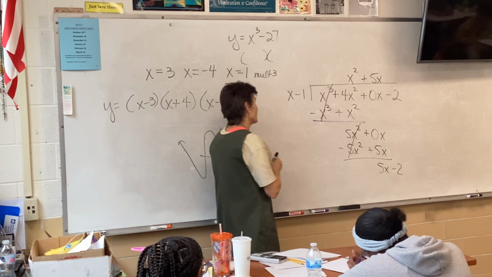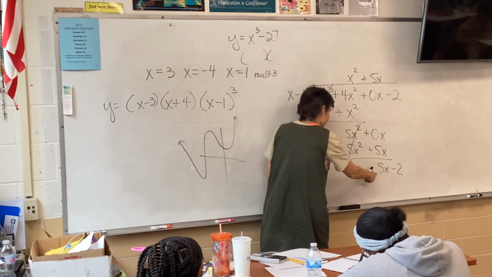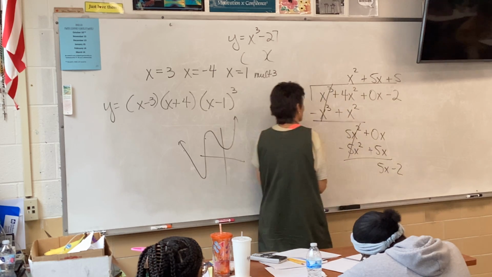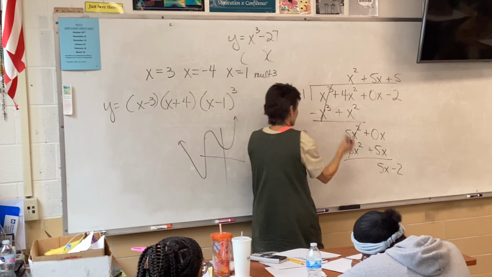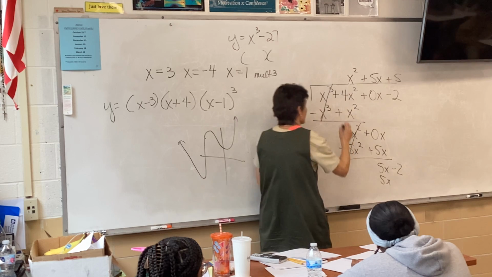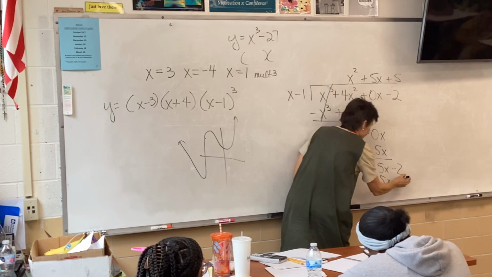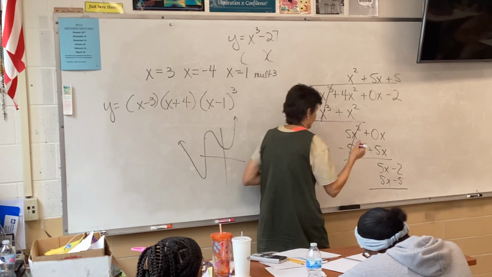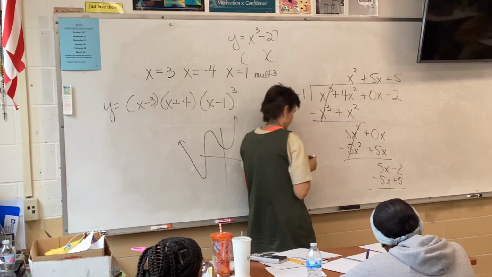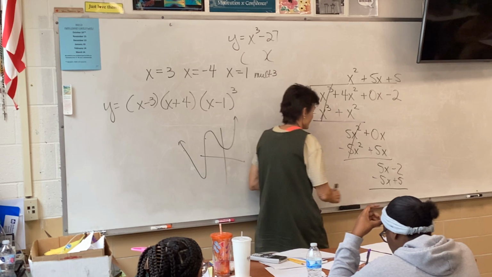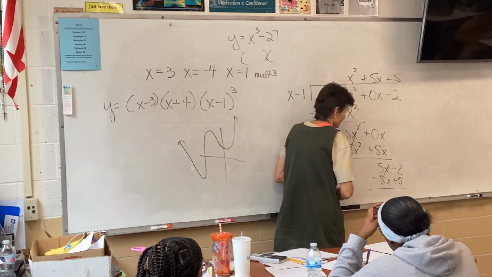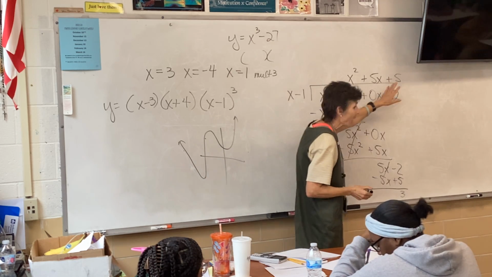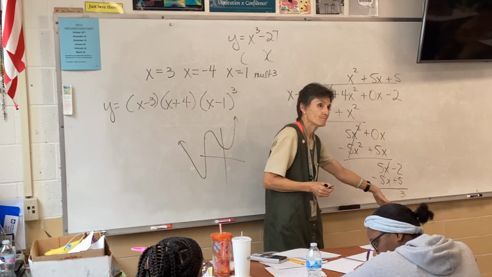What do I have to take times x to give me 5x? Right? So 5 times x, 5 times -1. Subtract. These cancel, always do. Got a 3 down here, and I'm out of stuff to bring down, right?